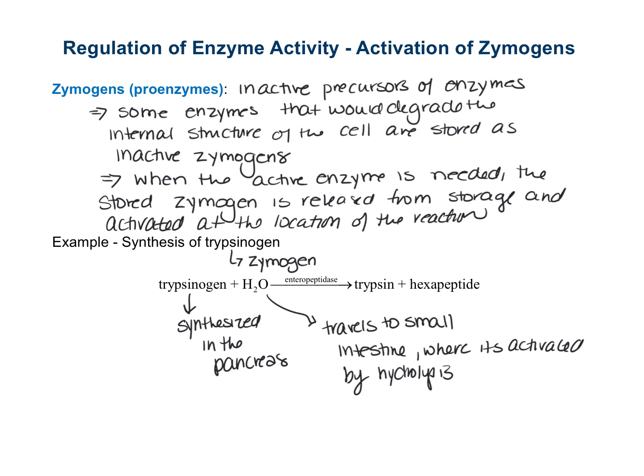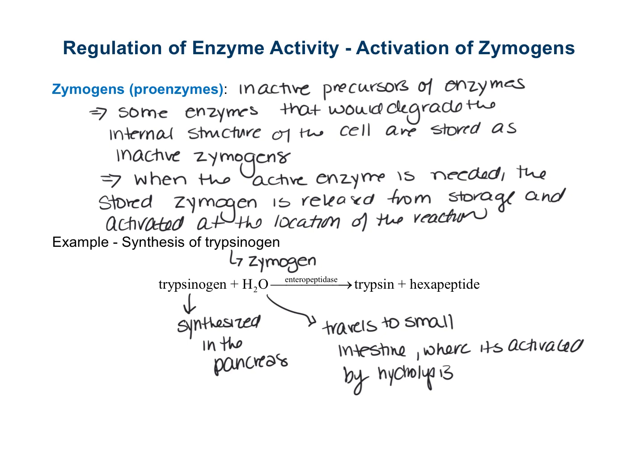And it's just a hydrolysis of a single peptide bond. Then that active enzyme trypsin is ready to go through and help with digestion. It also forms a hexapeptide as well. Hexa just means 6, so it's like a little 6 amino acid peptide.